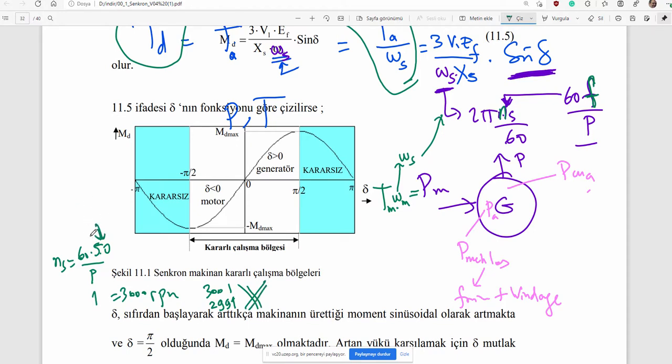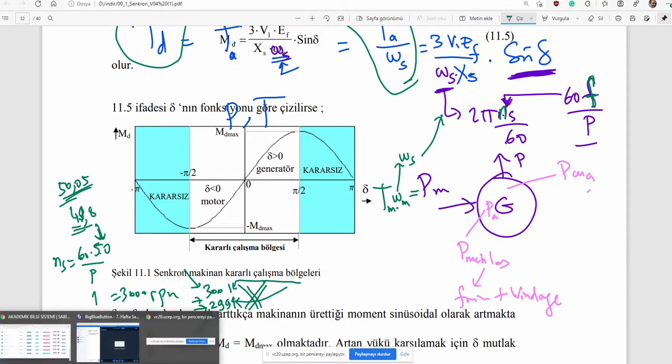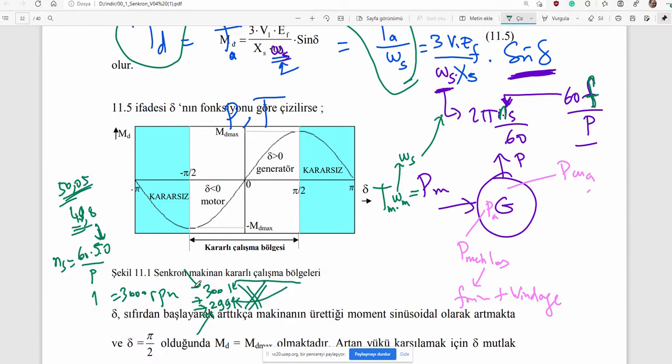Of course, the machine can be operated at those RPMs, but it must be coming from the frequency. For example, frequency would be 49.8 or 50.05. Those kinds of different frequencies may result in different speeds, so machine only can deliver power at these speeds, otherwise cannot convert energy.